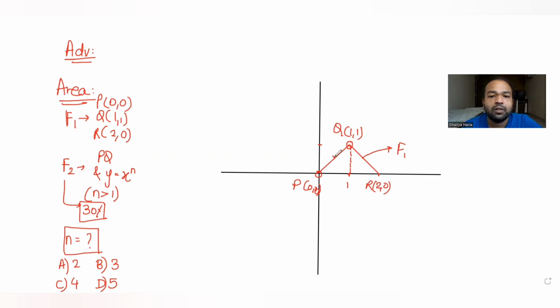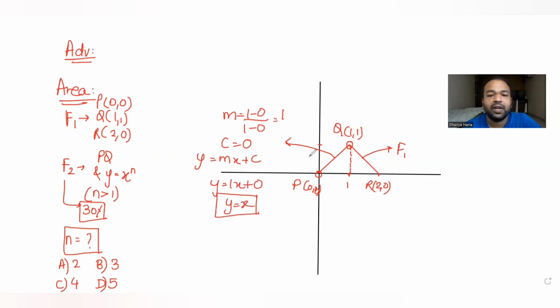If I find the slope of this line using y2 minus y1 upon x2 minus x1, that is 1 minus 0 upon 1 minus 0, that gives you slope as 1. And the y-intercept is 0, so c is 0. Using y equal to mx plus c, you have y equal to 1x plus 0. So y equal to x is the equation of line PQ.